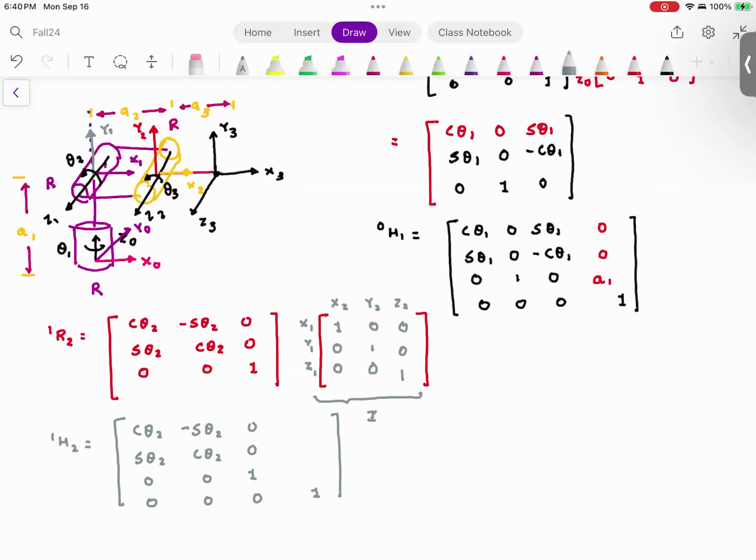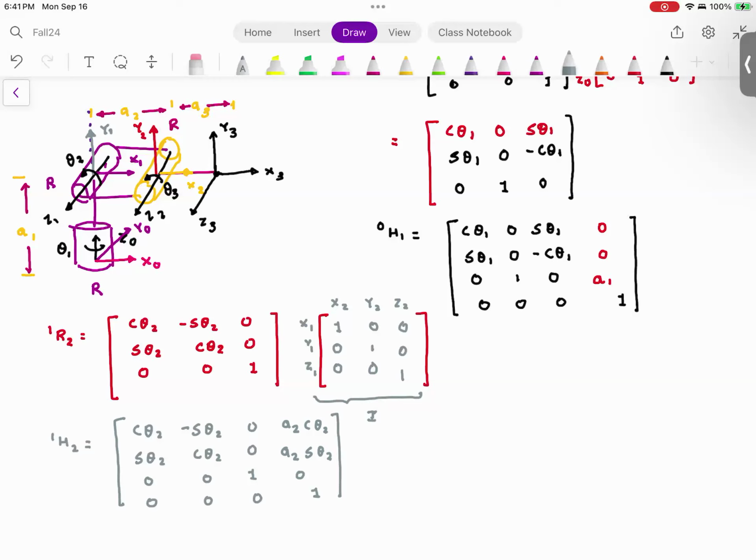Assuming the coordinate reference frame X1, Y1, Z1 for all values of theta 2. Can you see that this becomes A2 cosine theta 2 and A2 sine theta 2, and this becomes 0? Are you with me?